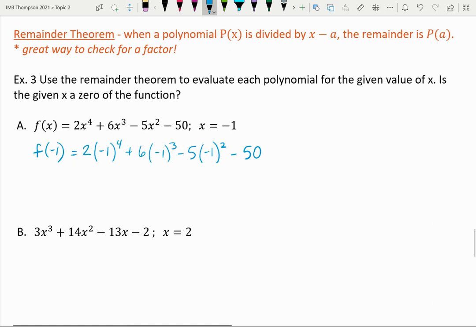When I start simplifying, I always start with my order of operations. So I start inside parentheses. There's no operations inside these parentheses. They just hold numbers. So then I'm going to go to exponents. I have negative 1 to the power of 4. Negative 1 times negative 1 times negative 1 times negative 1. When I have an even exponent, that simplifies to a positive 1. Negative 1 to the power of 3, negative 1 times a negative 1 times a negative 1 is going to give me a negative 1.